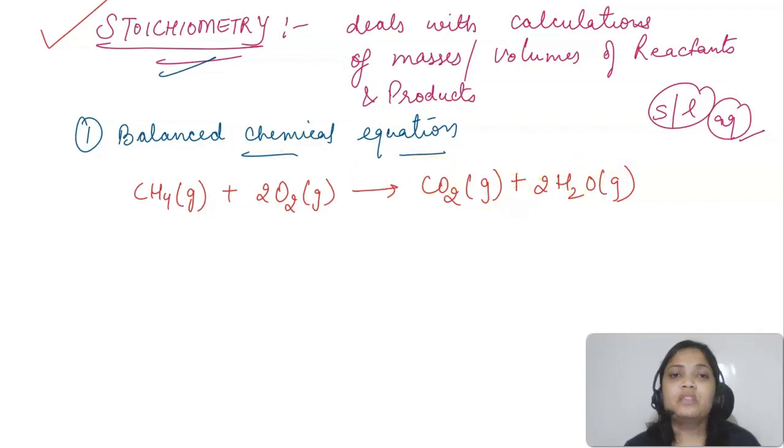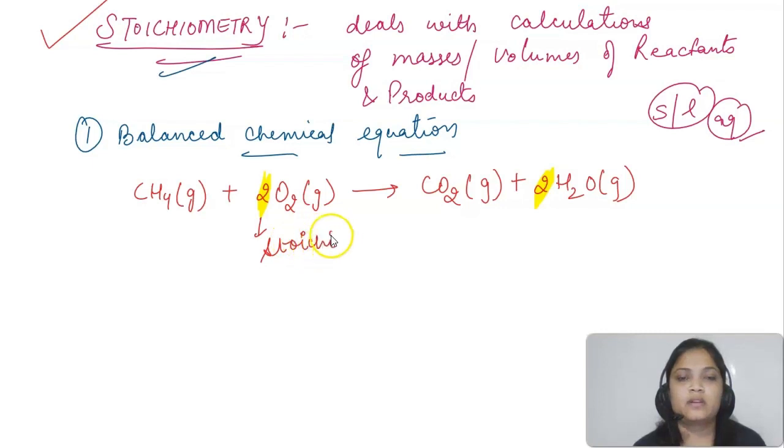Now, these coefficients, like this 2 is here, let me highlight it, this 2 is here, these are known as stoichiometric coefficients. This actually tells you how many molecules or how many moles of the reactant are reacting.